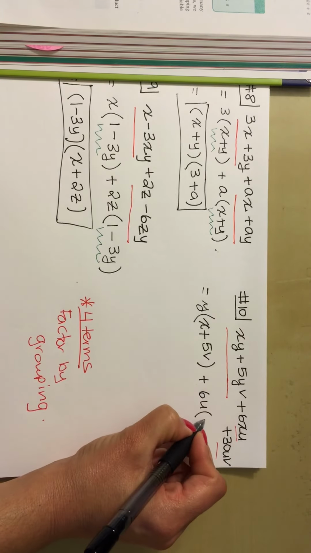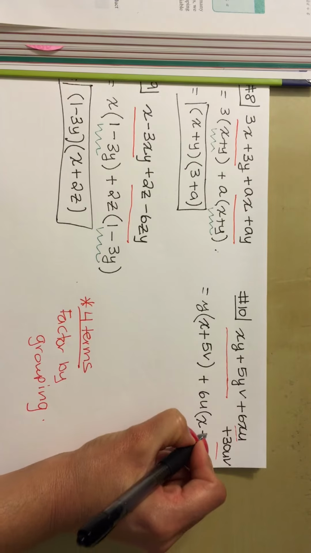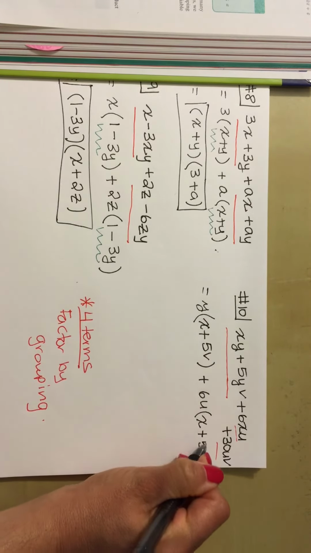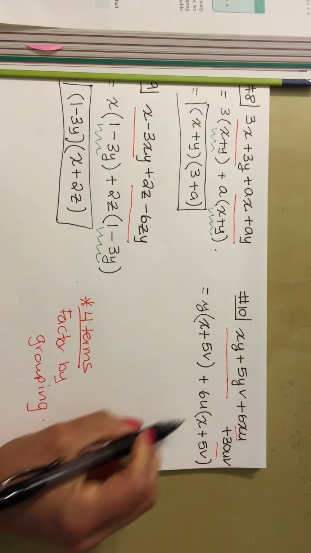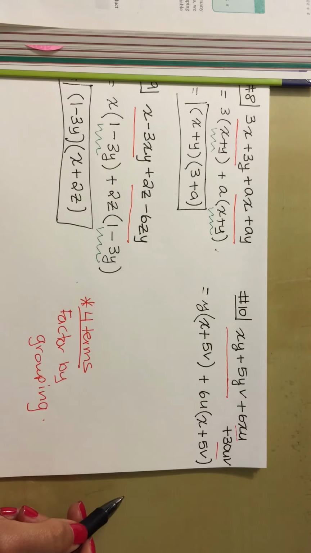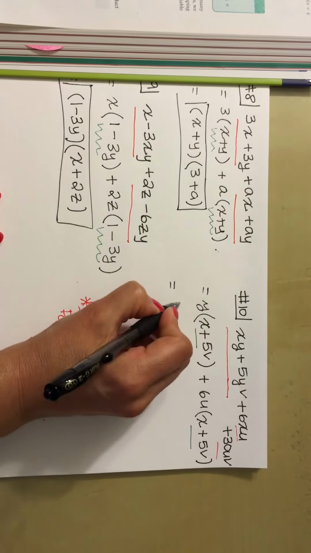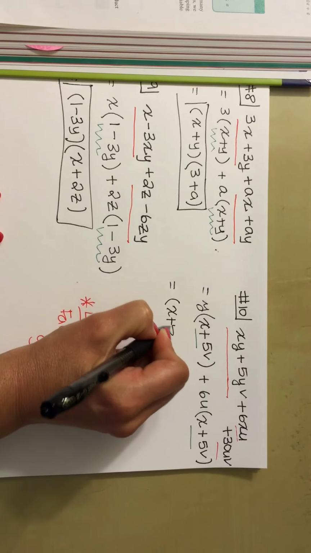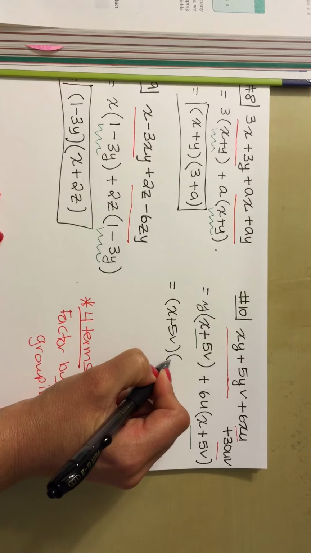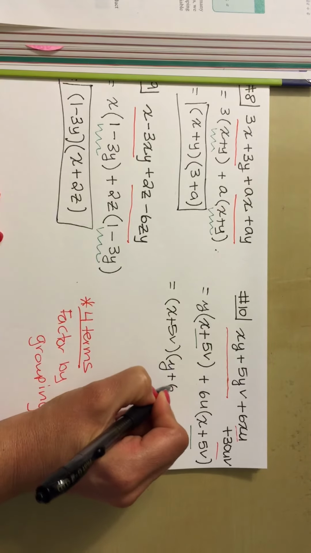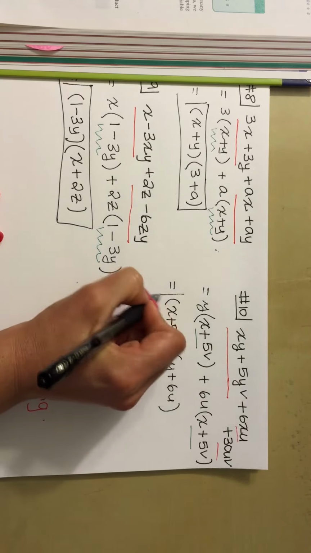And then we're left with x plus 5v. When you check your work, again, please check your work, you get back to the original. These 2 binomials are exactly the same, so I know that this is correct. And you have your last step. And that's our final answer.